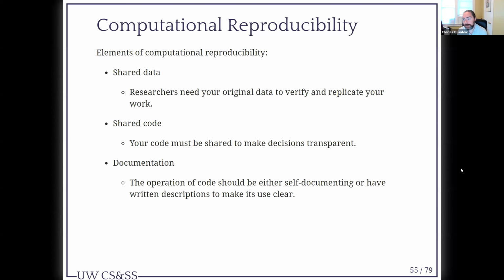Next is documentation. If people have your data and they have your code, but your code looks heinous and they don't know how anything works, it's not the most useful thing in the world. So another thing you need is documentation. In a reproducible project, your code should be either self-documenting, which is usually a myth, but sometimes what's happening is so obvious that it documents itself, or you have written descriptions to make clear what's going on.